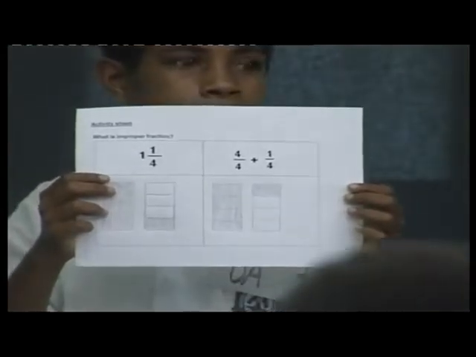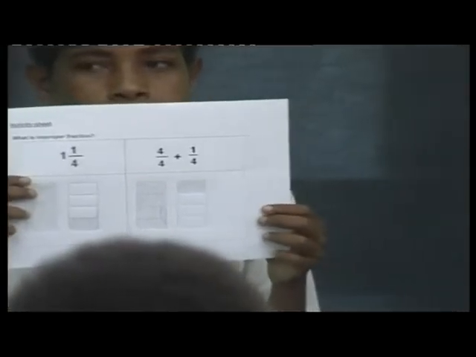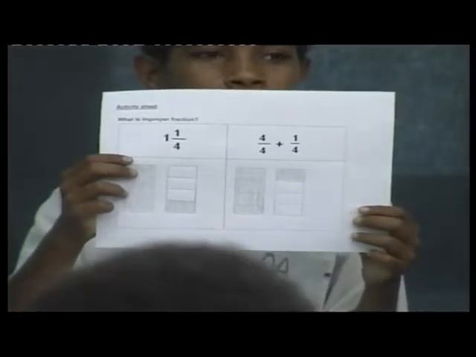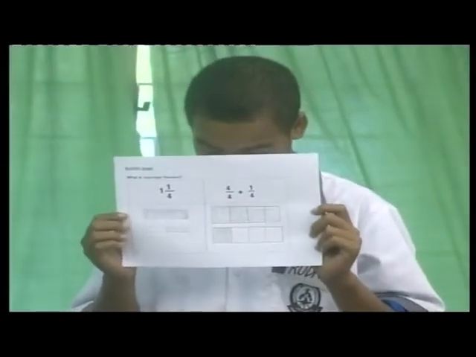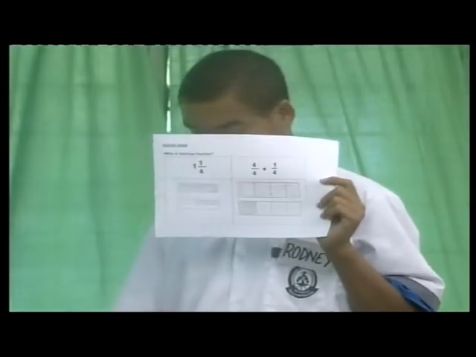Look at the first rectangle. Have they divided the rectangle in 4 parts and shaded 4 parts altogether? Both diagrams, yes or no? Yes, you can see that they have divided the first diagram in 4 parts and shaded the 4 parts of the rectangle.